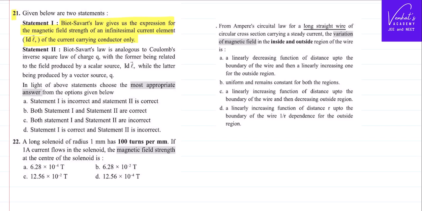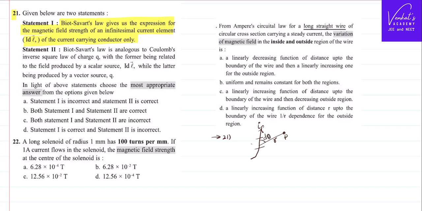So if you try to understand what he has given for you, what is Biot-Savart's law? Let me try to explain. When a current is passing in a conductor, we have a point P at a distance r, making an angle theta.